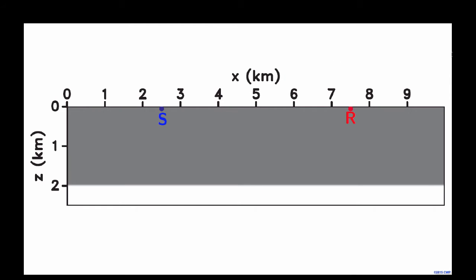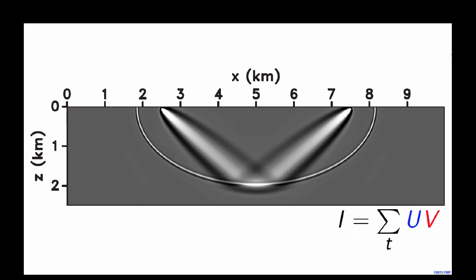With this simple experiment, with only one source and one receiver, located respectively by the blue point and the red point, I'm including a velocity contrast at 2 kilometers of depth in order to generate these backscattering reflections. The conventional image condition outputs the following image.